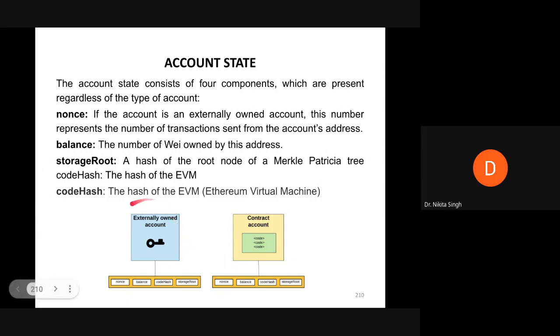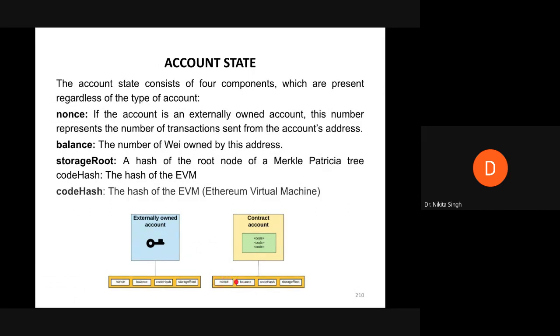When we are talking about this externally owned account, nonce means the number of transactions that have been sent from this account. Coming to this contract account, here also we have this field called nonce.